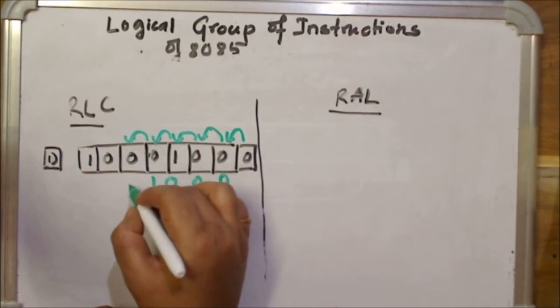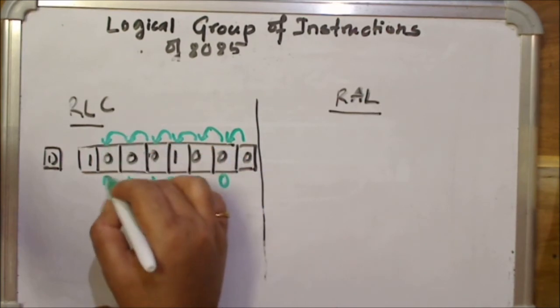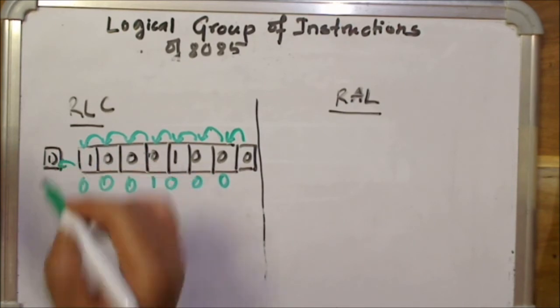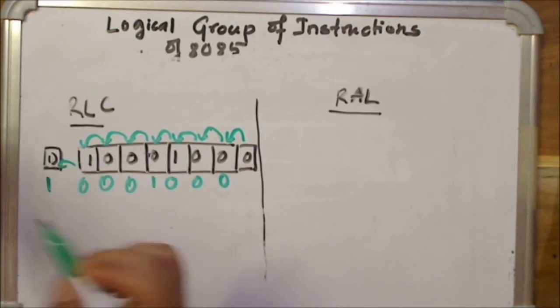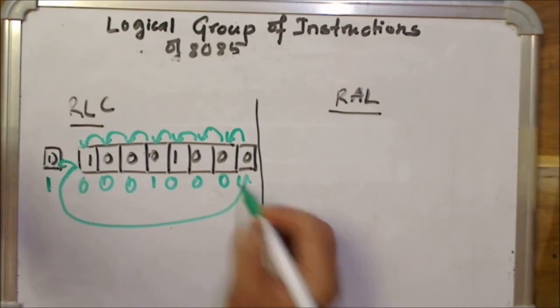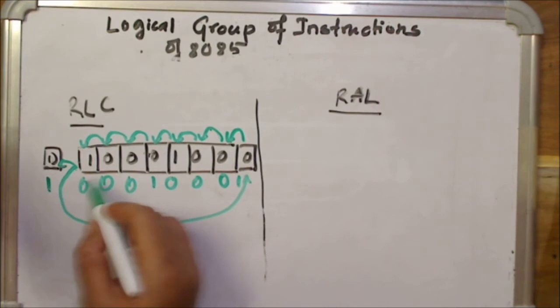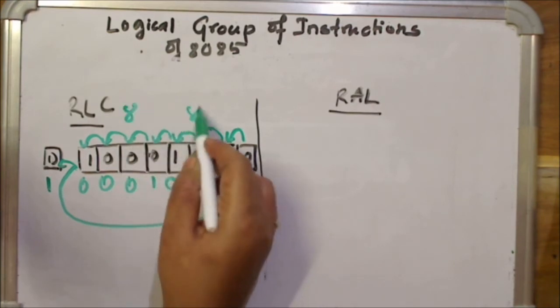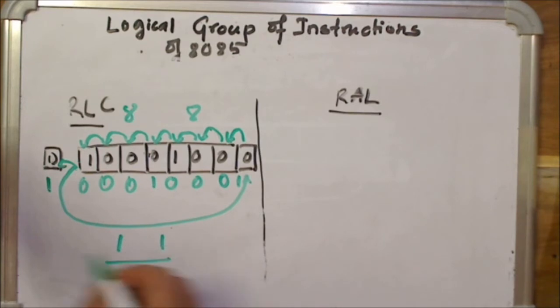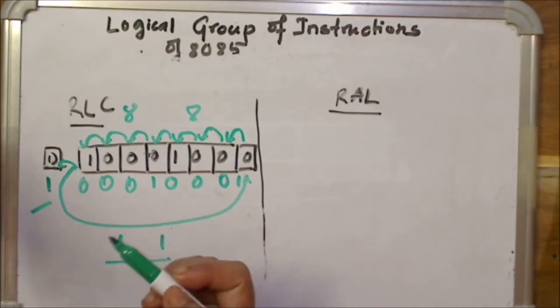This will be 0, 0, 0. The MSB will go to the carry flag, so the carry becomes 1, and this 1 will come here to the LSB and become 1. So previously it was 88, now after RLC we are getting 11 with a carry 1.